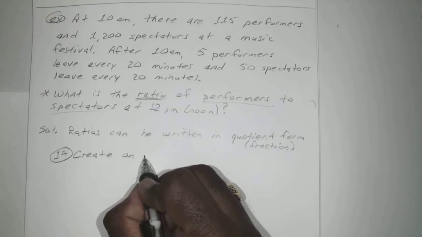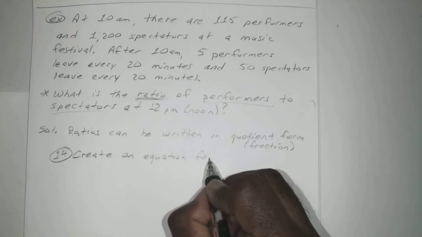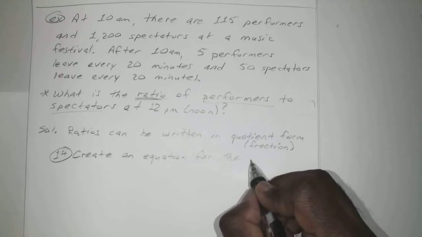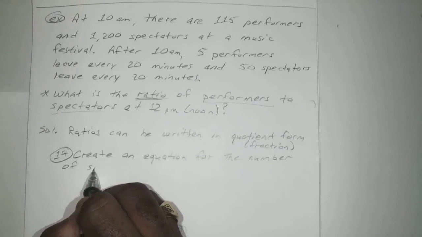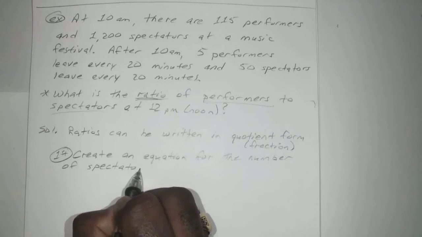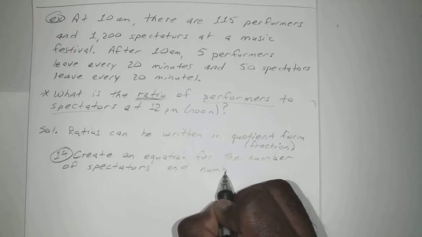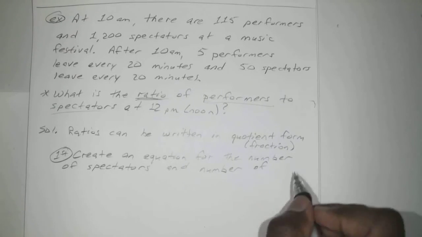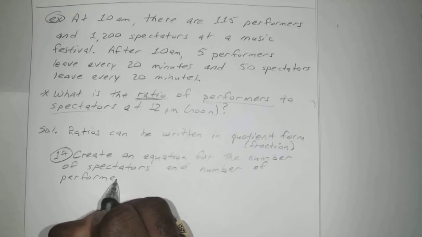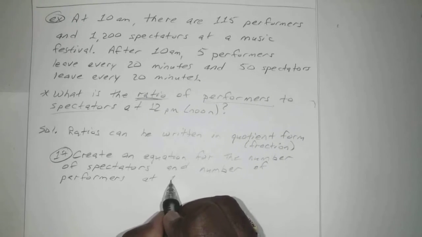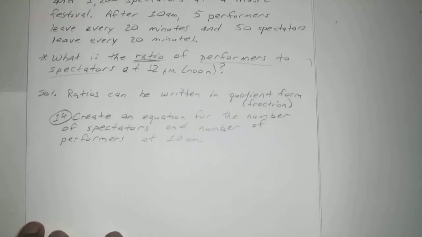So create an equation for the number of spectators and number of performers at 10 a.m. Okay, so that's the first thing you want to do.